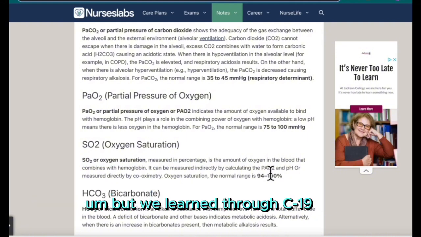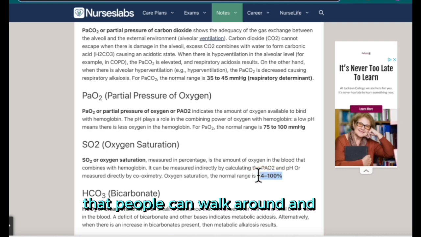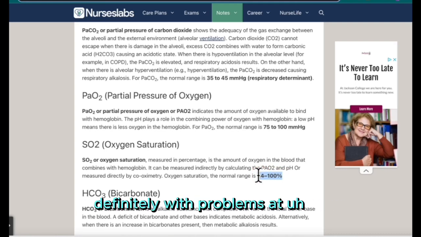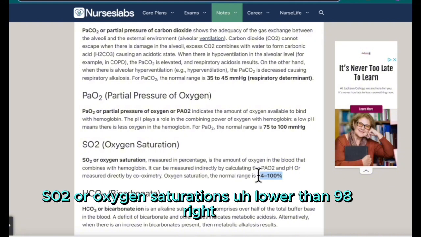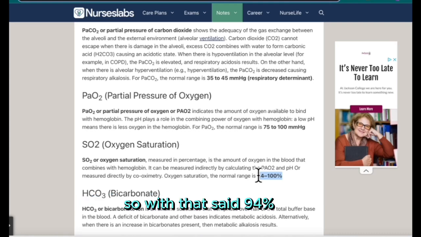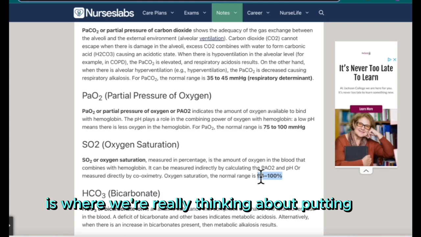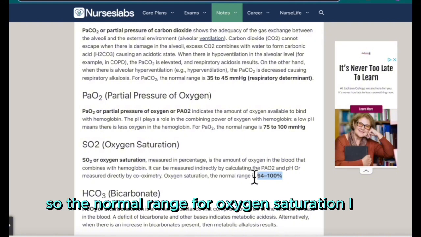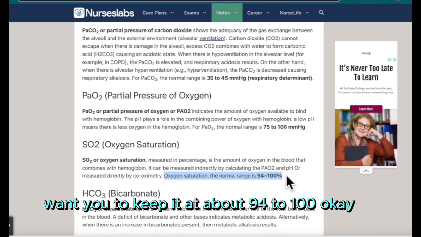But we learned through COVID-19 that people can walk around and ambulate without problems, or, well, definitely with problems, at oxygen saturations lower than 98. With that said, 94% is where we're really thinking about putting that person on a ventilator. So keep the normal range for oxygen saturation at about 94 to 100.